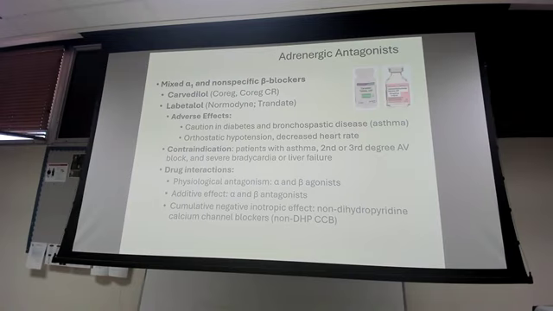Interactions, these are the same ones that we had already talked about, right? So because I have mixed action with my alpha and my beta, I need to watch out for anything that is going to stimulate or try to stimulate my alpha and my beta. My additive effect, if I add on something else that falls into either one of those drug classes, an alpha blocker or a beta blocker, because I already have alpha and beta blockage with these medications.